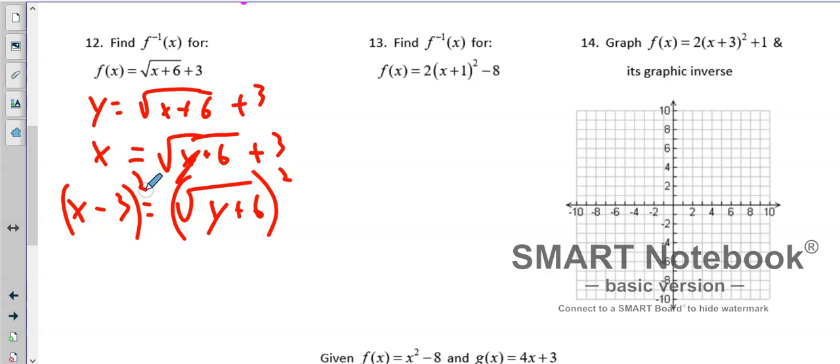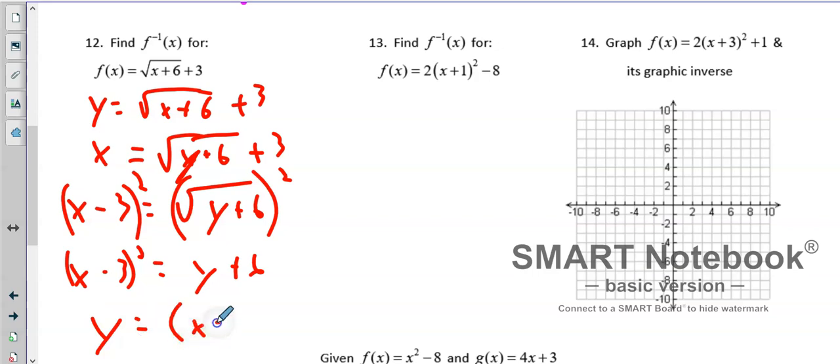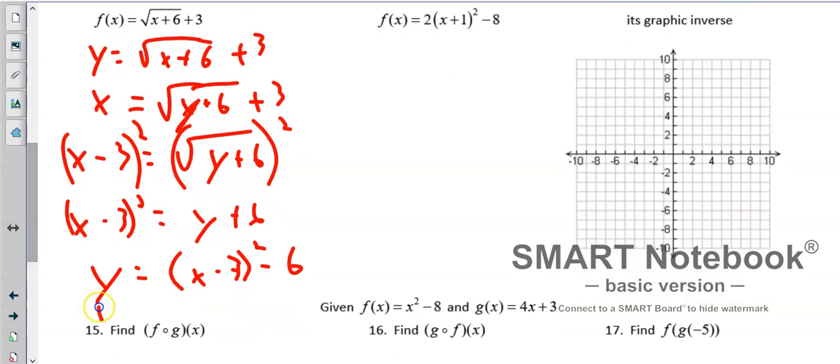So be careful. You got to put this in parentheses. So that's x minus 3 squared equals y plus 6. And then subtract 6. So y equals x minus 3 squared minus 6. And we could rewrite this as f inverse of x equals x minus 3 squared minus 6.